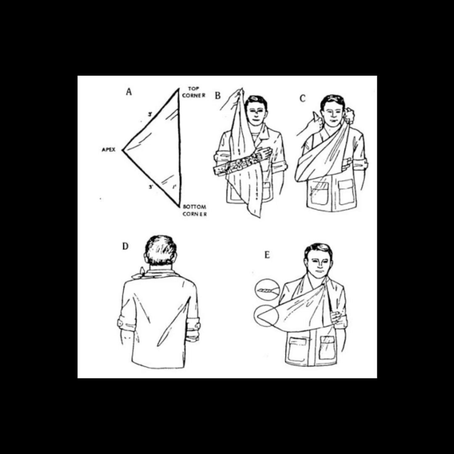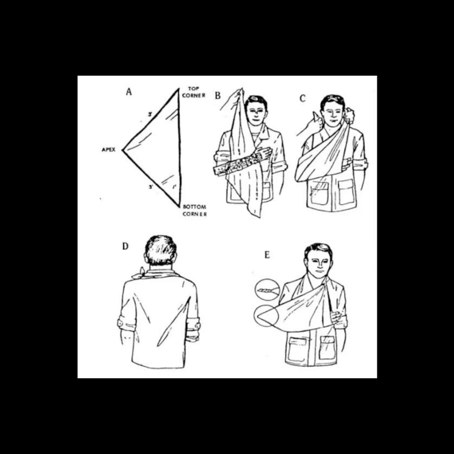2. Position the forearm so the hand is slightly higher than the elbow. 3. Fold the material along the base, back to the casualty's fingers, forming a cuff. 4. Bring the lower portion of the material over the injured arm so the bottom corner goes to the shoulder of the uninjured side.